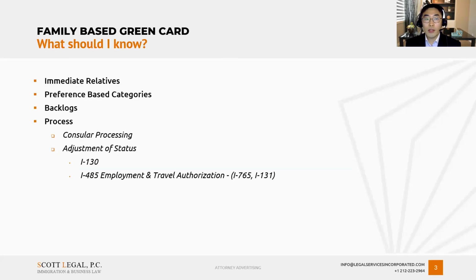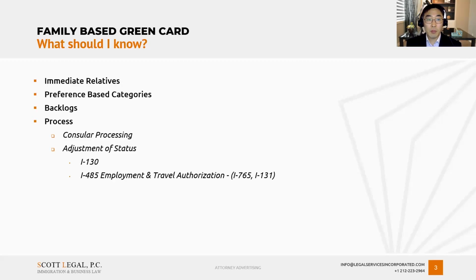So next slide, what is the family-based green card? The immediate relatives category is the most popular way to process your foreign national spouse's green card case. The preference-based categories have a total of 5 different subcategories as well, from F1 to F4, but two well-known examples I just mentioned in the previous slide are the spouse of a U.S. permanent resident and brothers and sisters of U.S. citizens.